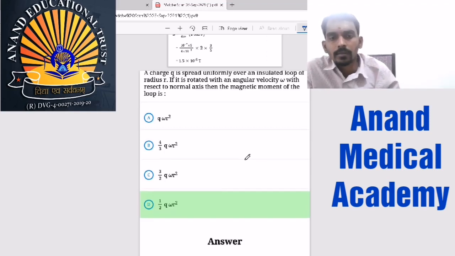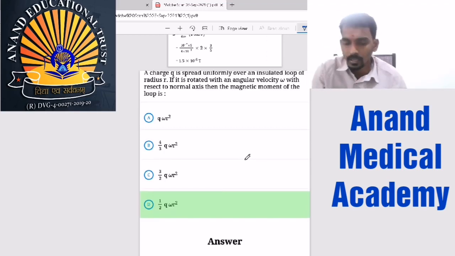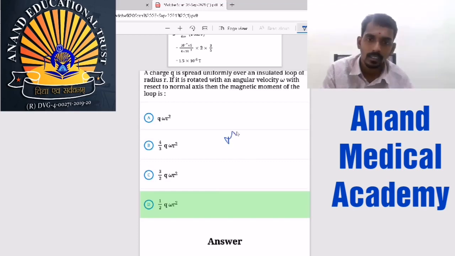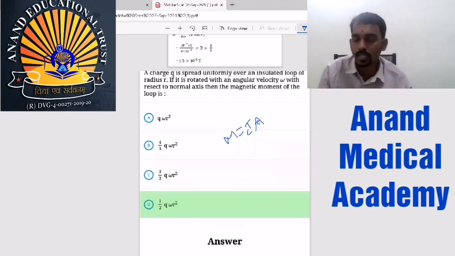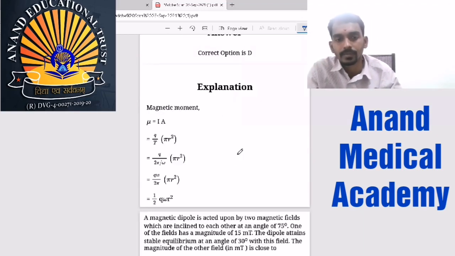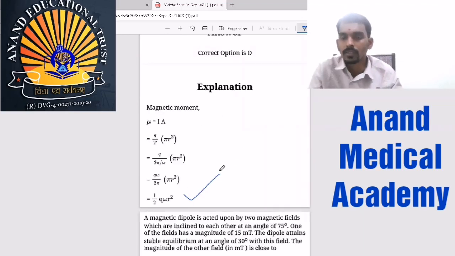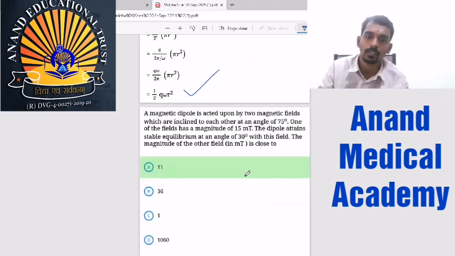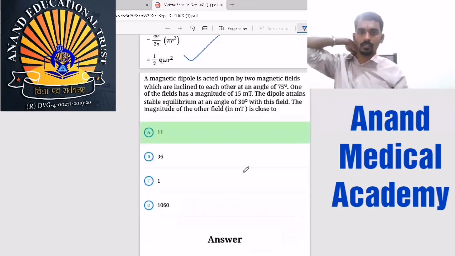Now this is again the magnetic moment of a moving charge in a circular path, which is I into A. You can remember that as a direct formula also, if a charge is moving in a circular path.